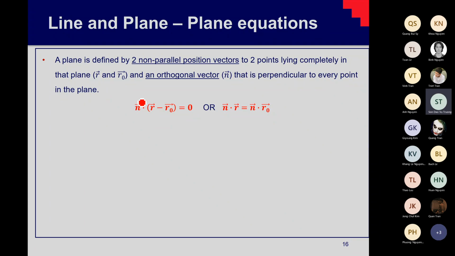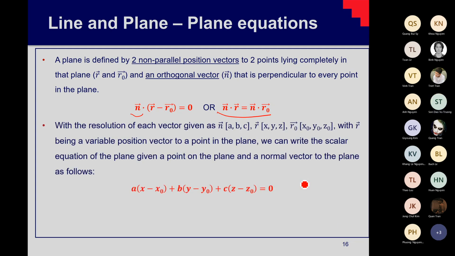So we have this equation, vector n dot vector r minus vector r0 equal to 0, or n vector dot r vector equal to n vector dot r0 vector. Okay.